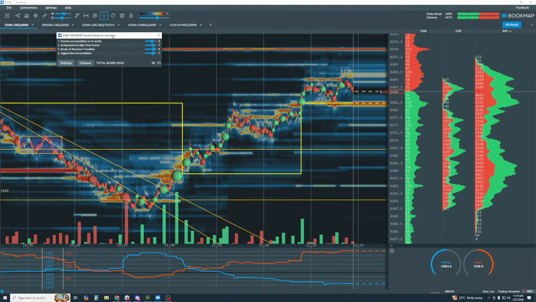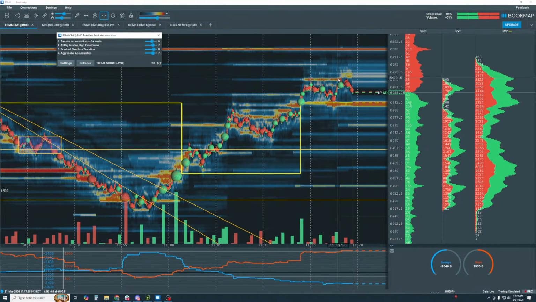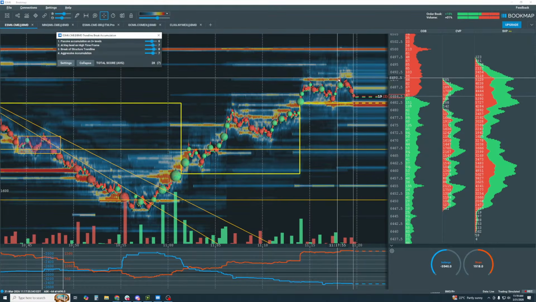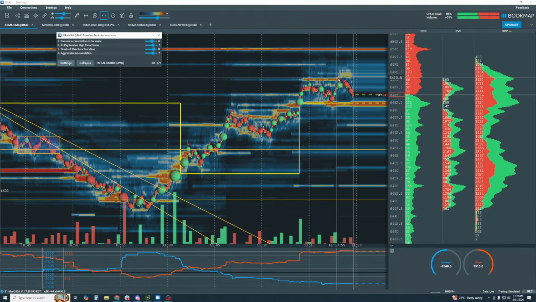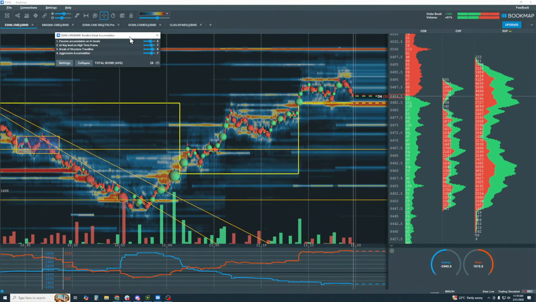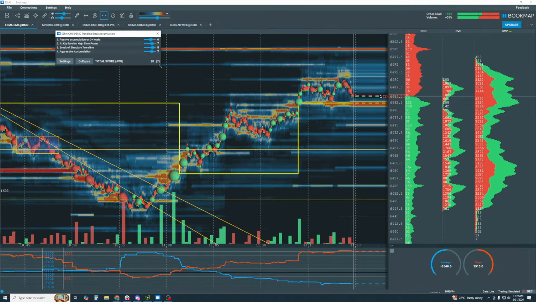Now, maybe it's enough for just understanding the setups, and you're good for forever, the rest of your life. But the goal is to understand the process for building an edge.